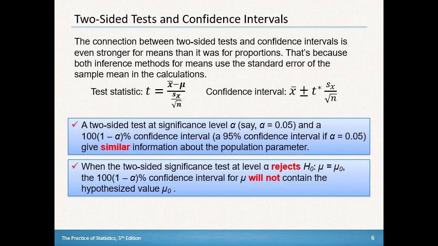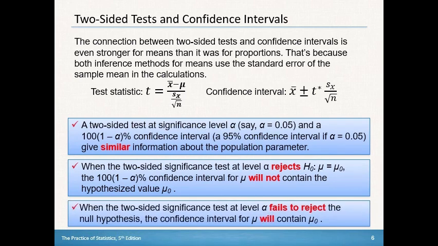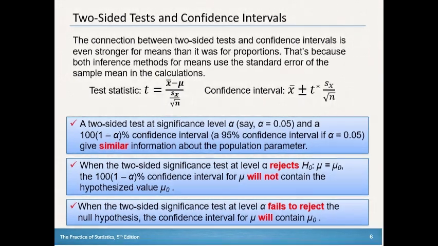So that's not a coincidence. That's always going to happen. All right, so when the two-sided significance test fails to reject the null hypothesis, the confidence interval will contain mu, assuming, of course, that our alpha level and our confidence level are 1 minus each other.